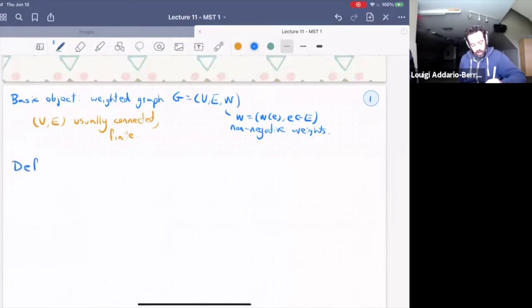Okay, so given a graph in general, a spanning subgraph is just a subgraph with all of the same vertices and some of the same edges.